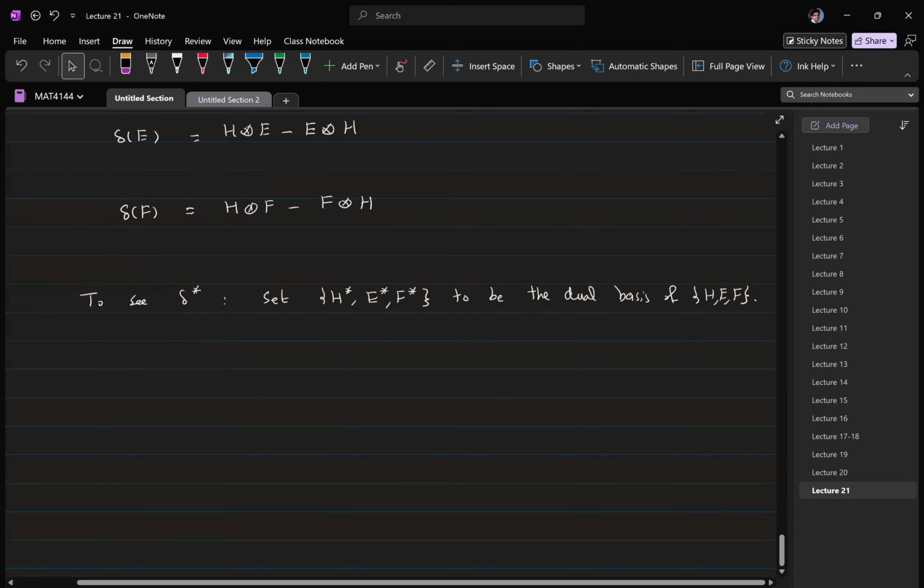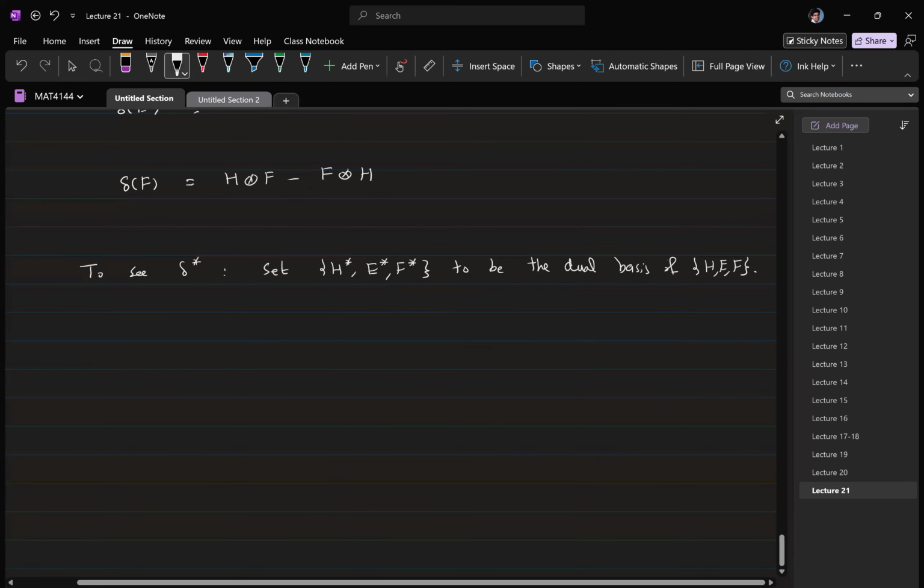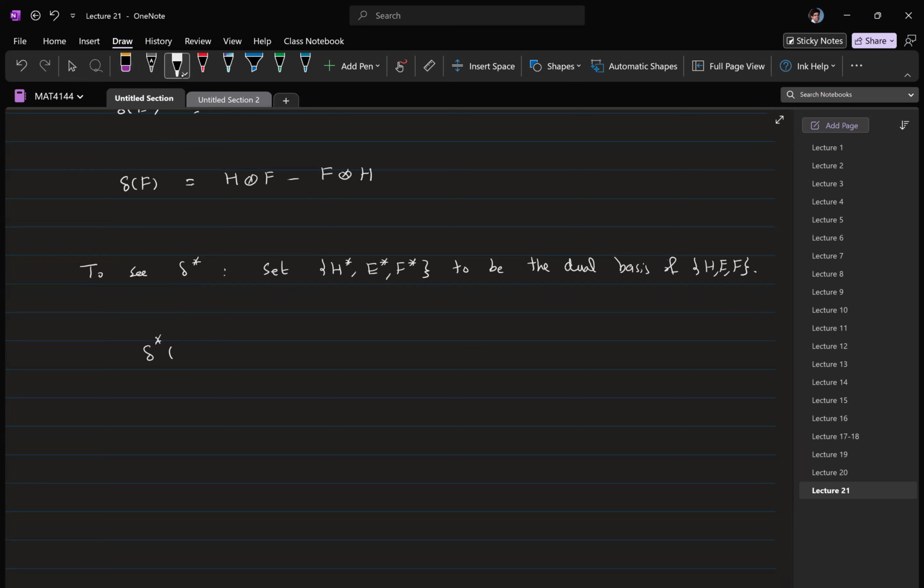All right, so now let's do some computations. So what is delta star? Delta star really goes from G star tensor G star, but it's supposed to be a Lie bracket. So I could just write it as H star, H star.